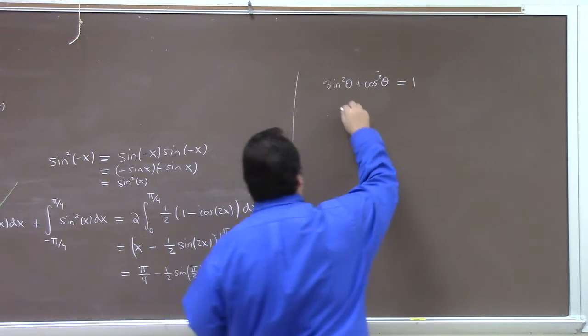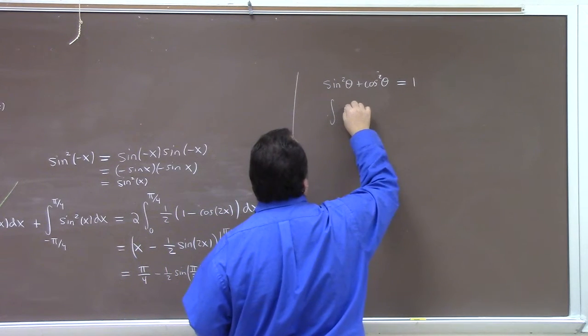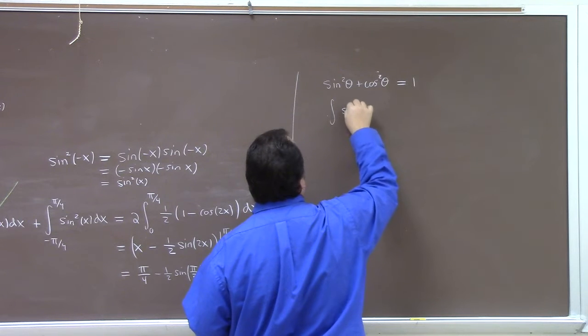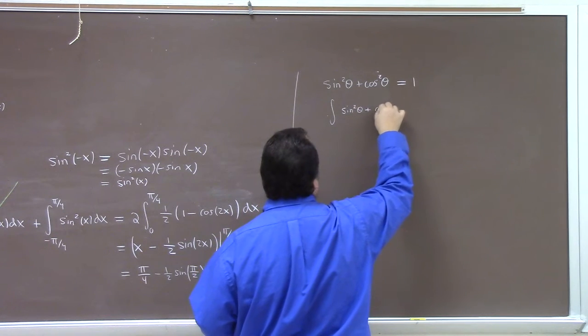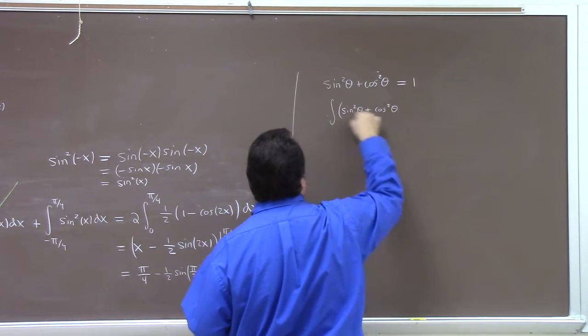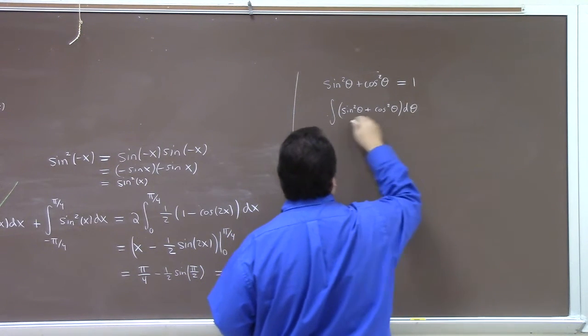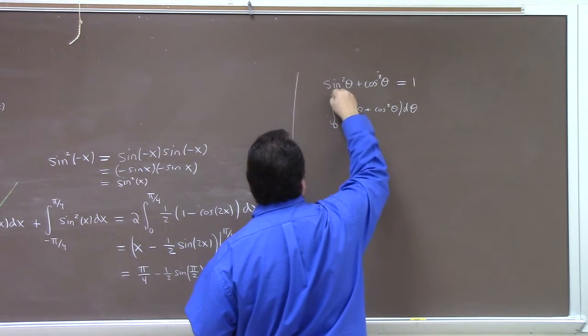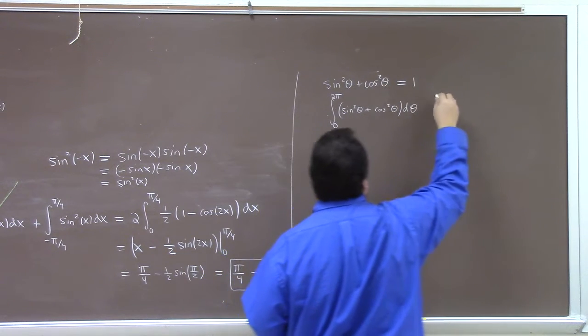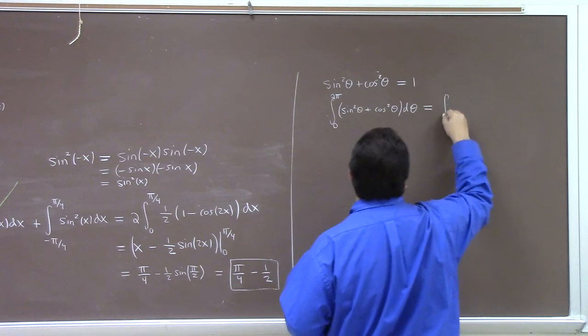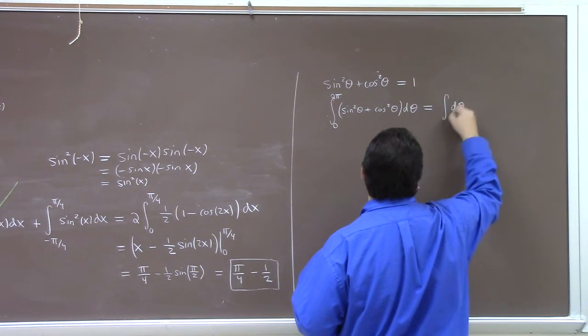And so if we integrate sine squared theta plus cosine squared theta d theta from 0 to 2 pi, well then surely we can agree that that's equal to the integral of d theta from 0 to 2 pi, right?